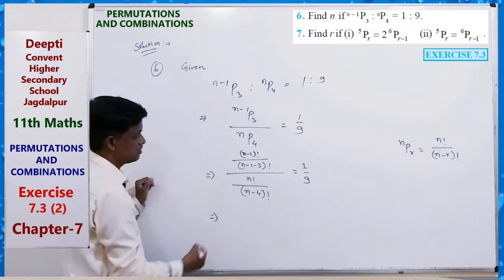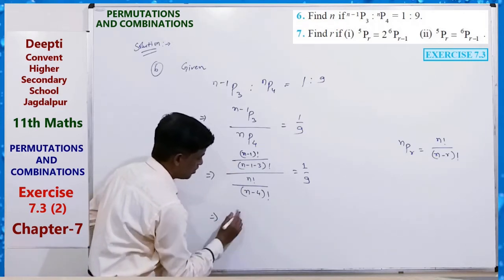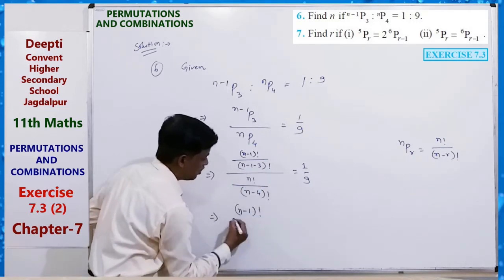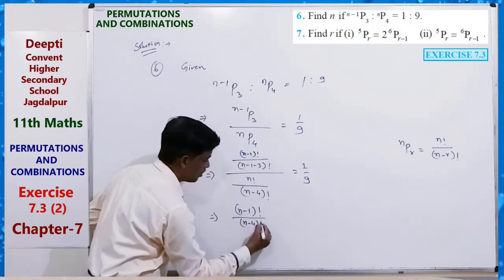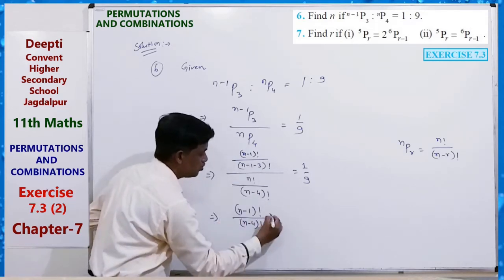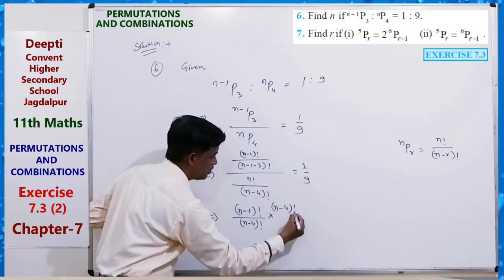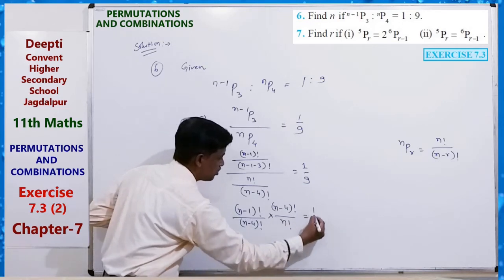So here we can see n minus 1 factorial upon n minus 4 factorial, into, going to the upper part, n minus 4 factorial upon n factorial, equals 1 upon 9.